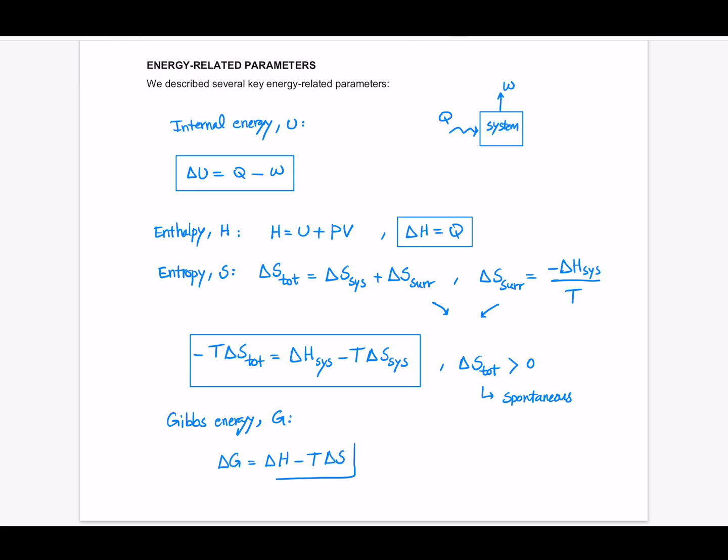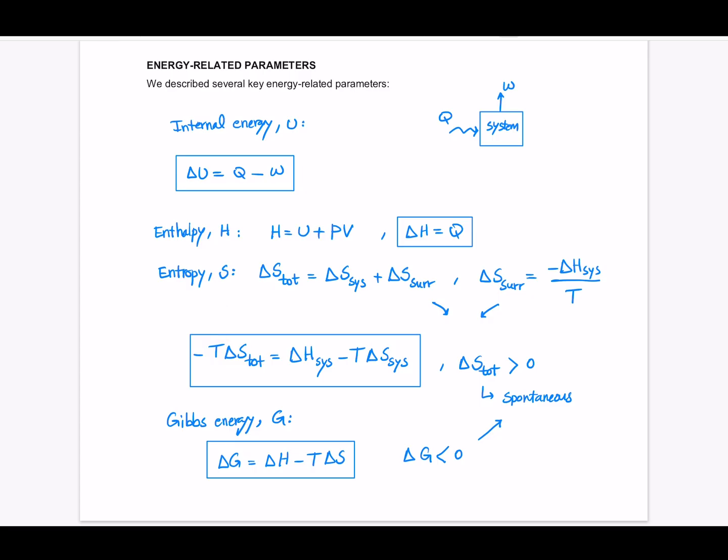A very well-known relationship that you've probably seen before in general chemistry or thermodynamics. For a spontaneous process, delta G has to be less than 0. Because T is in Kelvin, always greater than 0, for delta S of the universe greater than 0, the factor delta G has to be less than 0 because of the minus sign and the fact that T is always positive.